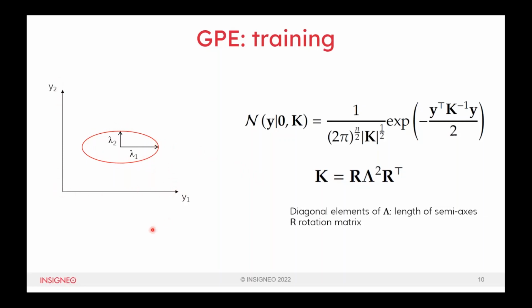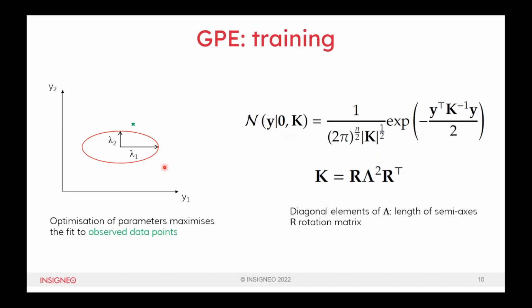So imagine that y1 and y2 are the input parameter space, and using these two matrices you can define an ellipse with the semi-axes lambda 1 and lambda 2, which come from the matrix lambda, while the orientation of the ellipse is given by the matrix R. And again, at the beginning you don't have any observation on the system, so there isn't any preferential direction for the ellipse to be rotated or stretched.